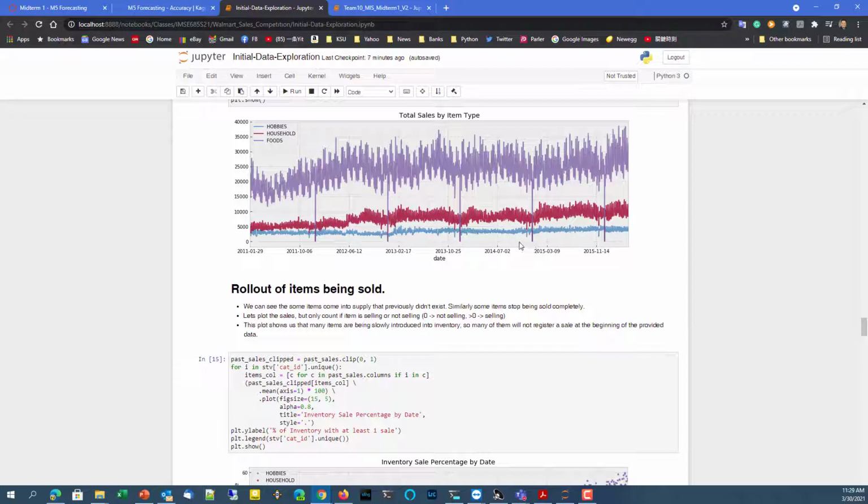You see what I'm saying? Or 28 days, or 30 days, or 300. Some of you did it 365 days. So you are figuring out for food items, for hobby items, how much of a sale there is for that item.